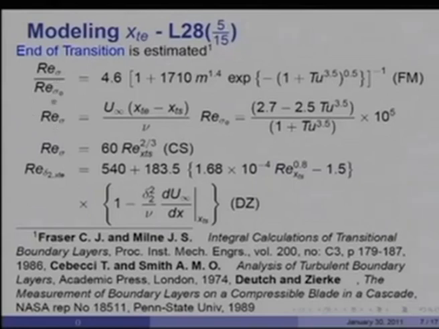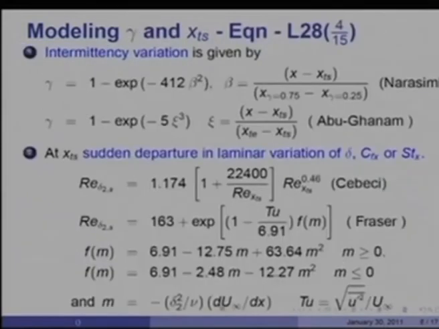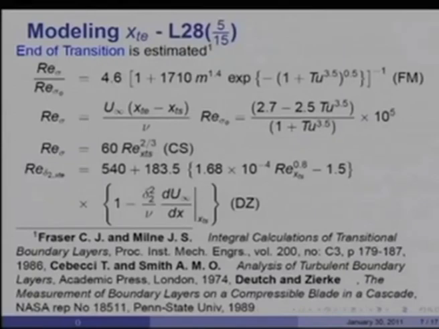Re sigma naught is a function only of the turbulence intensity: 4.6 into (1 plus 1710 m) raised to 1.4 into all this. Of course, this term is valid only when m is greater than 0, which means that term is negative, and that would occur in an adverse pressure gradient. We can locate the end of transition in the adverse pressure gradient, as would be expected.